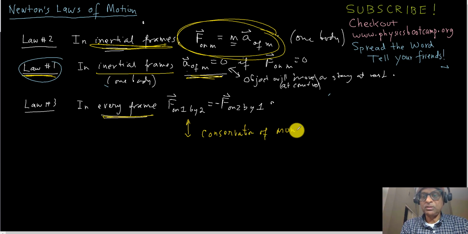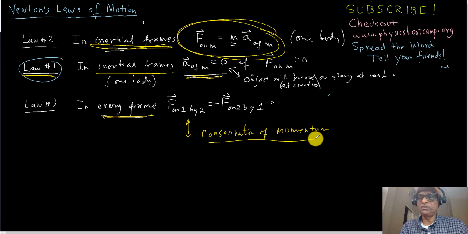If you go a little bit deeper, you find that this has to be the case because momentum has to be conserved, and I don't have time to get into that today. I just wanted to point that out, that in the future we are going to take it on in another context called conservation of momentum. Okay, so those are conceptual things about Newton's laws of motion.